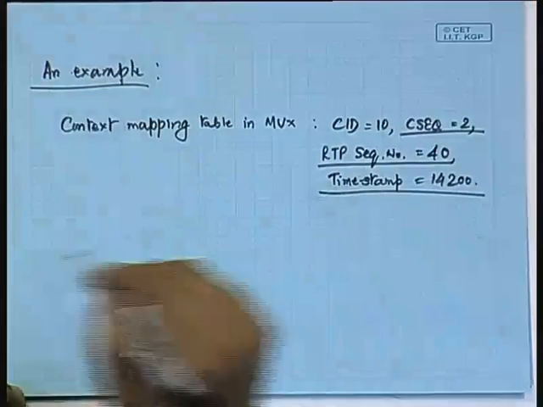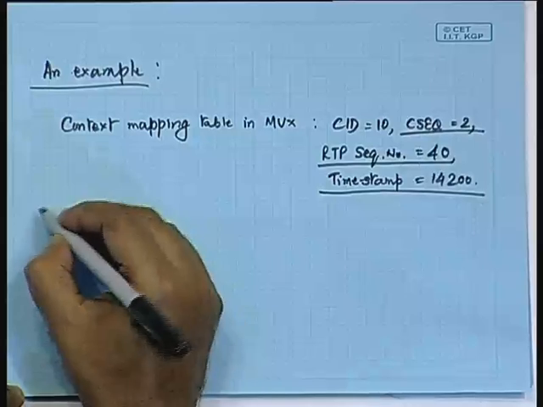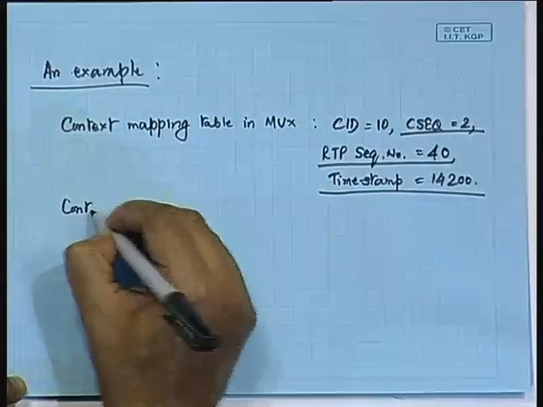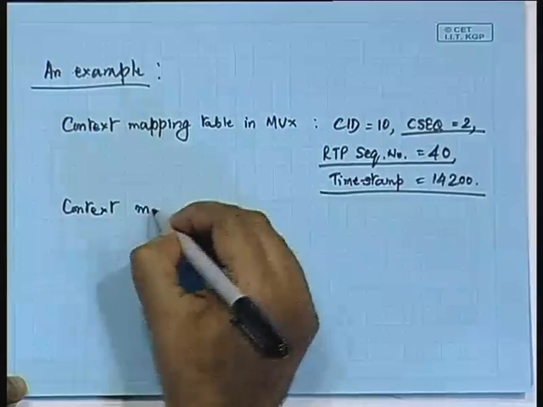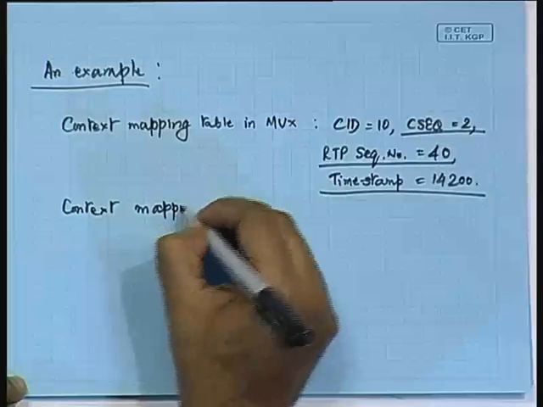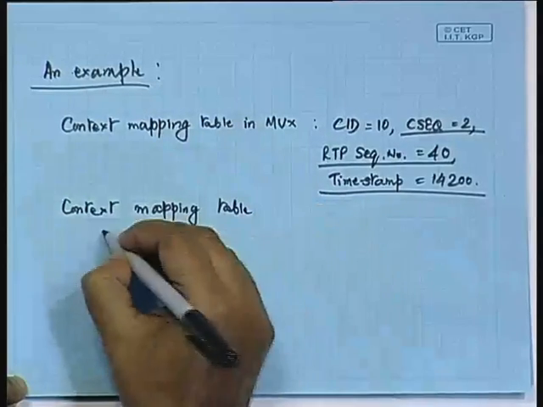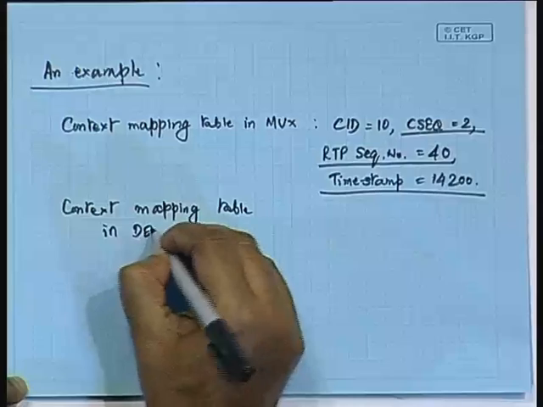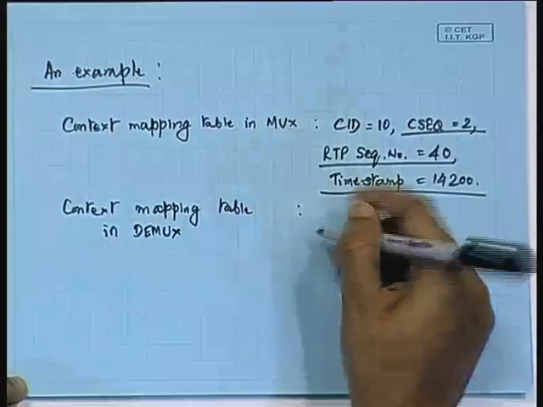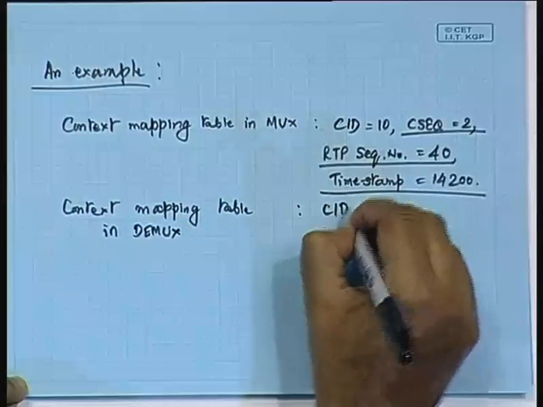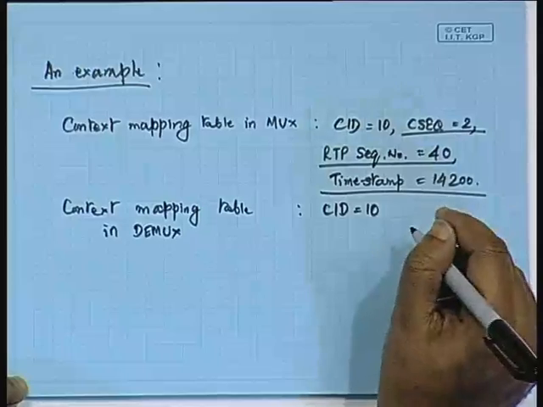And we now look at the demultiplexer. Say the context mapping table in the demultiplexer is like this. It contains the CID value, which has to be the same since the session is the same.